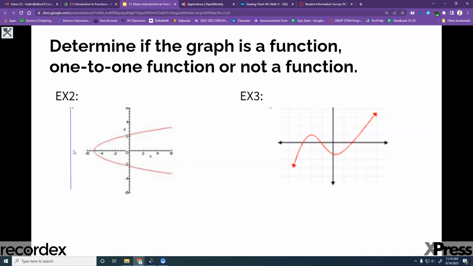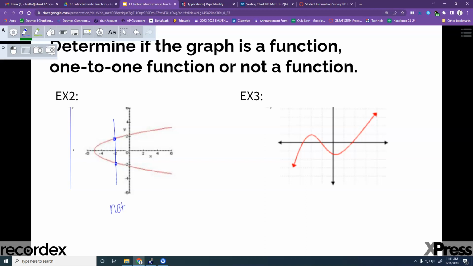So if I draw my vertical line right here, it's hitting at these two places. The coordinate of this point might be 2, -2, or -2, 2, and this is -2, -2. The x's are repeating. You've got two places that have that same x value. So this would be not a function.